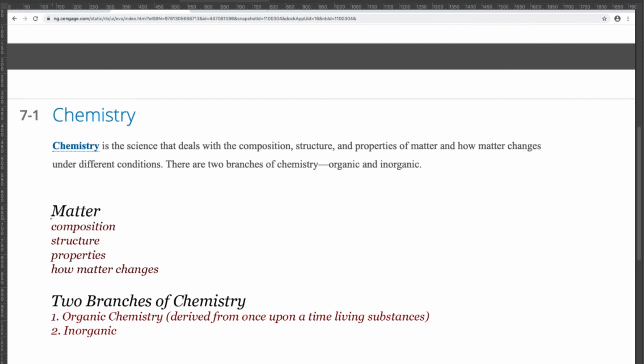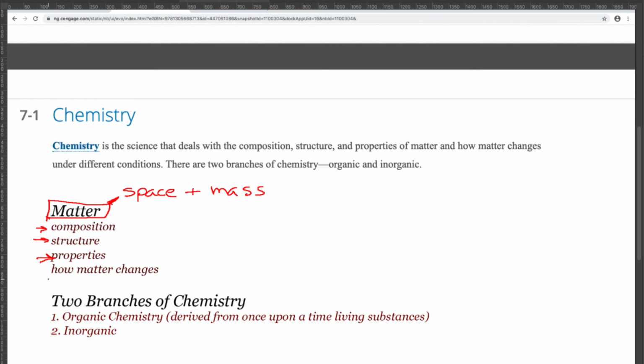Here's a review. So when we talk about chemistry, it is a science that looks at matter and the aspects of matter. What is matter, first of all, is anything that takes space and has mass. Now, in the matter, the chemistry aspect of it, there's a focus on composition, structure, and properties of matter.